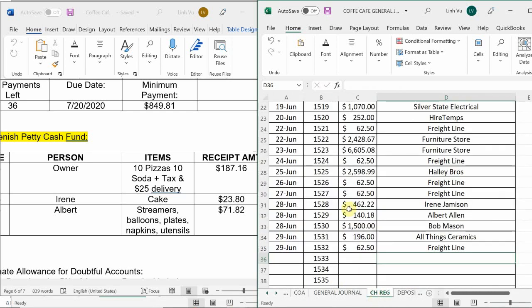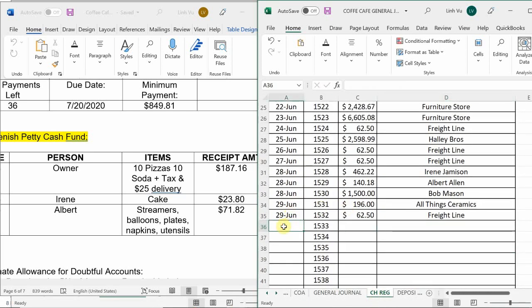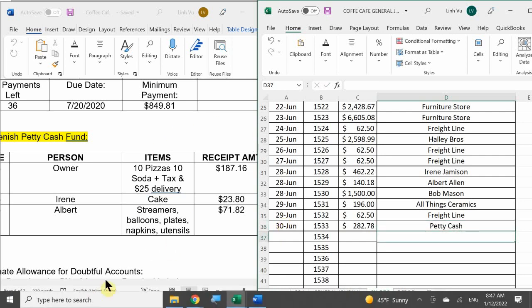So for $282.78. And then in this case, whoever's in charge of the petty cash drawer, you would write their name. So check number 1533.